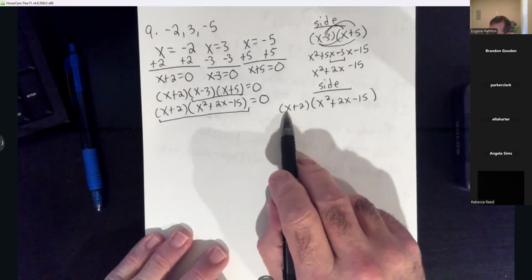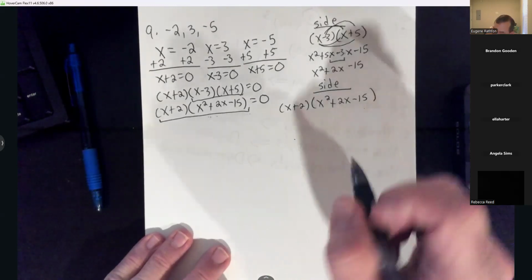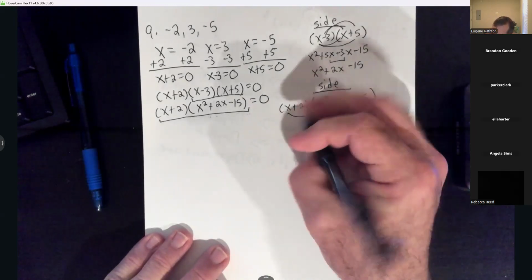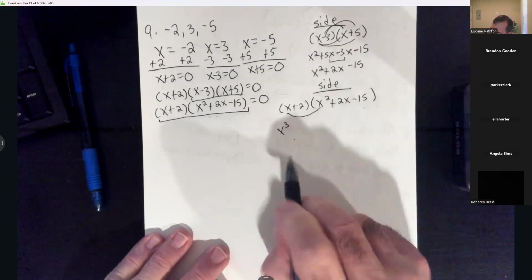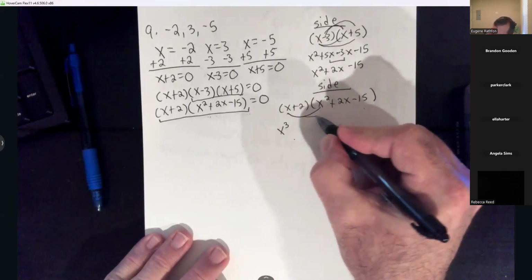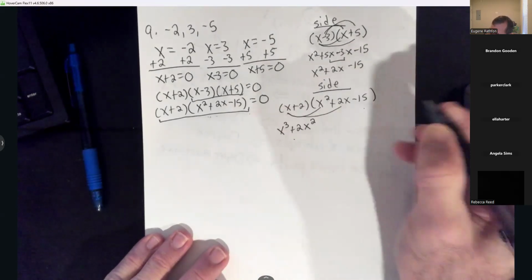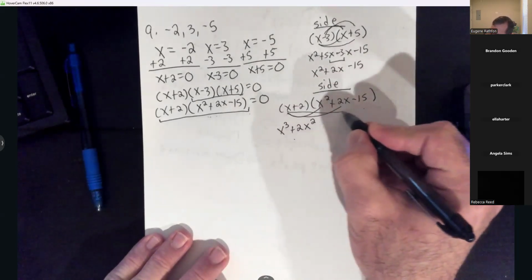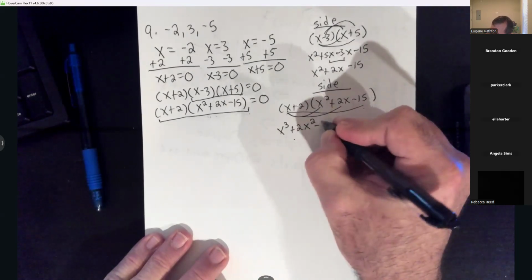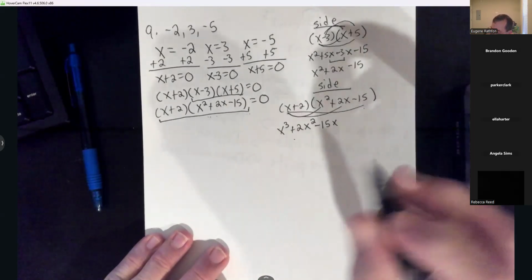So now these got to multiply by all 3 over here. So the x squared gave me an x cubed. The x times 2x is a 2x squared. And then the x times negative 15 was a negative 15x.